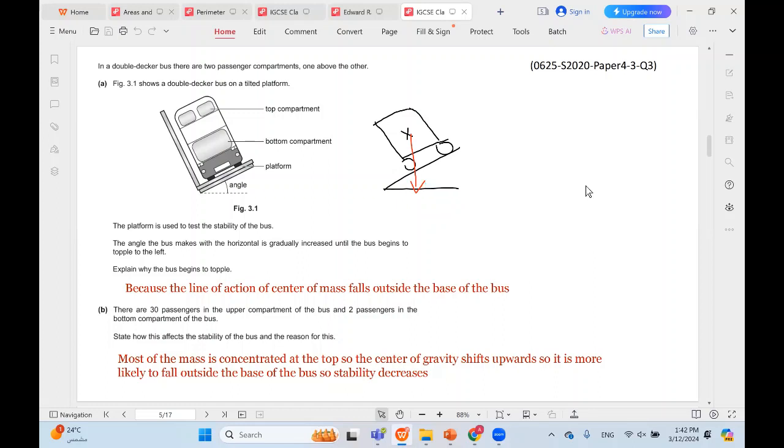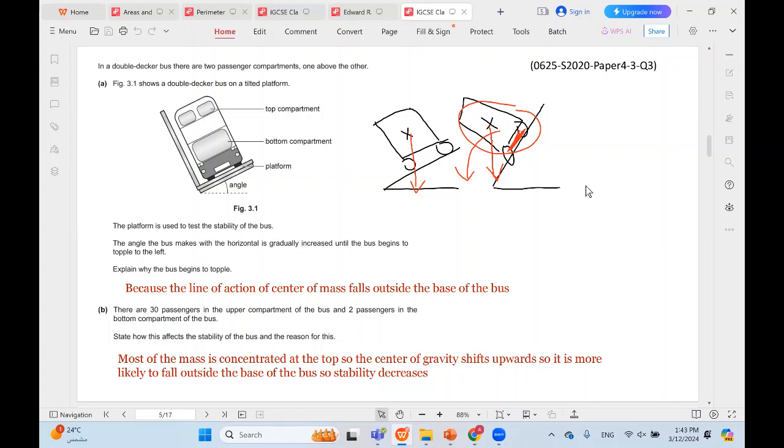However, if we draw a more tilted platform like this, and we still have the two wheels and the bus, and now the center of mass, the weight falls from the center of mass outside of the wheels, outside of the base of the bus. So since the center of mass is not vertically within this region, the bus will, of course, topple to the left.